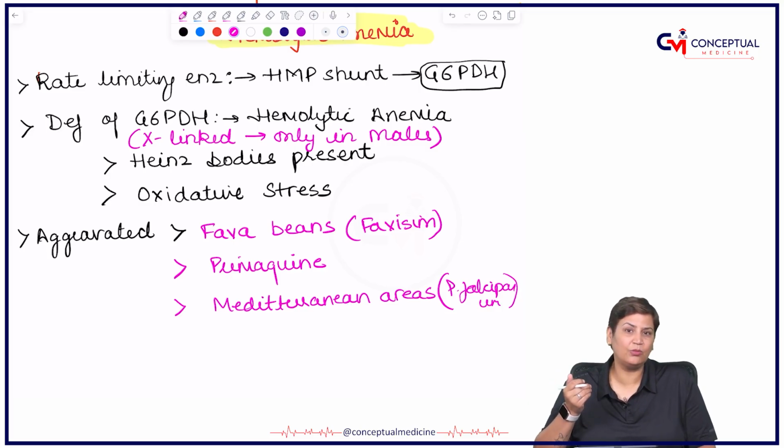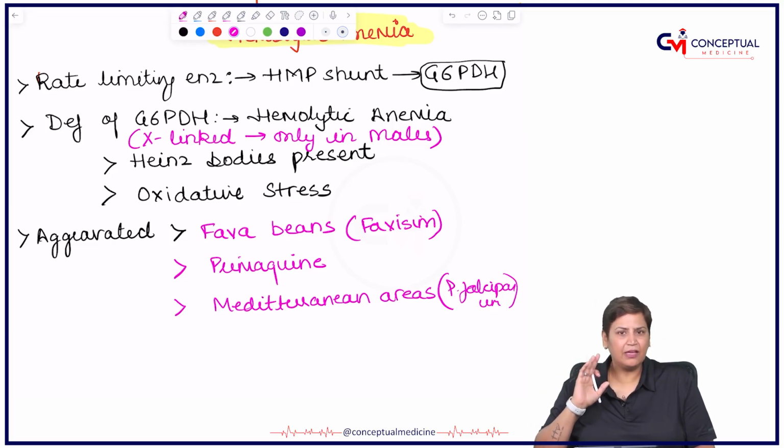PFK deficiency also leads to hemolytic anemia. Again, glycolysis will be affected. But the most important difference between hemolytic anemia caused due to G6-PDH deficiency and pyruvate kinase and PFK is no Heinz bodies will be present in PK and PFK deficiency.